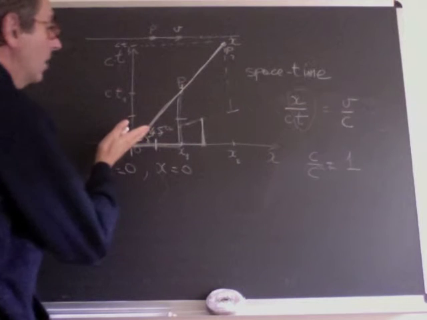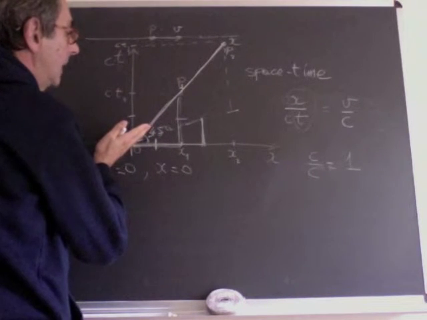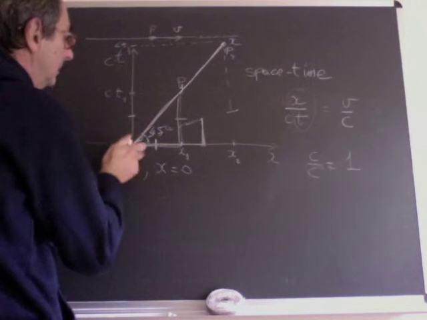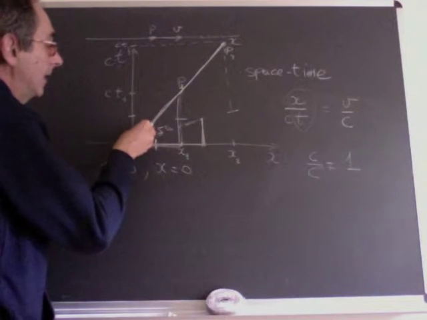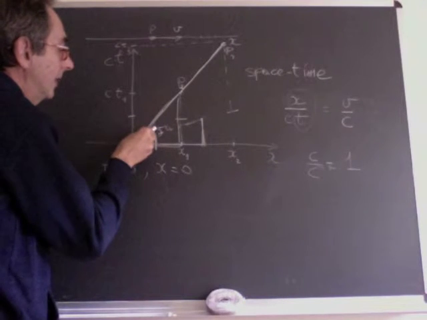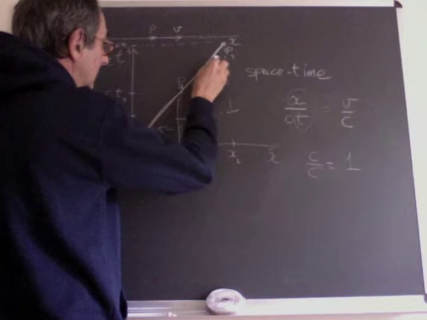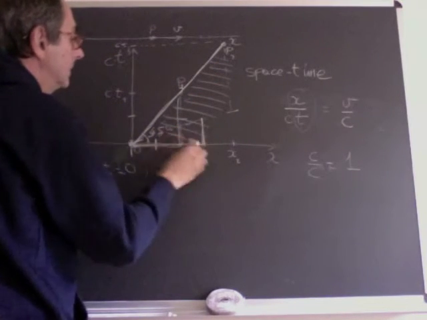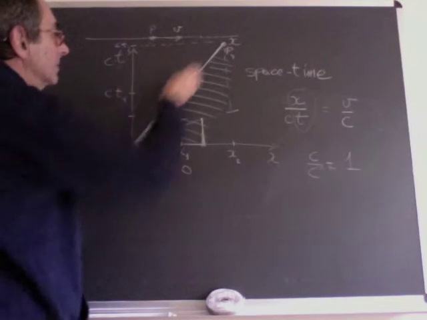So the angle of the line corresponding to the motion of a massive body starting from here cannot have an inclination, an angle less than 45 degrees. So this portion here is forbidden, because nothing can go faster than light.